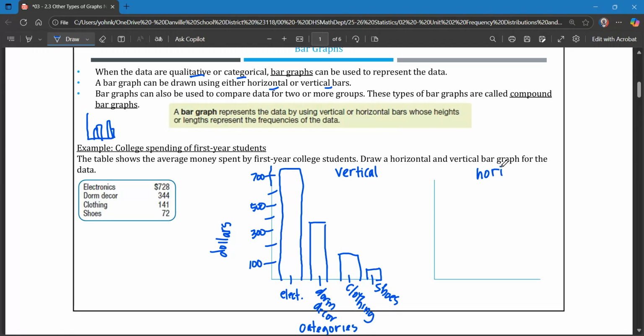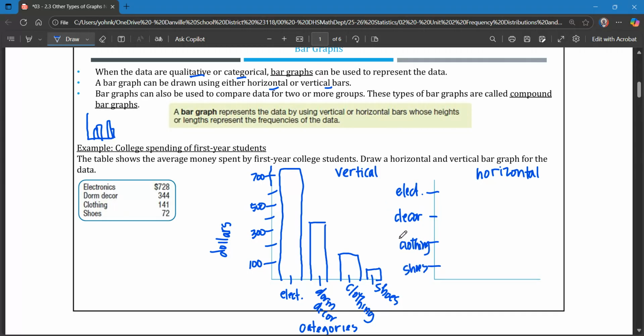Here's a horizontal because the bars are now going to go side to side. Since your bars are going side to side, that means your categories are along the vertical. And it does not matter the order you put them in. So we can do electronics at the top, and then dorm decor below, then clothing, and then shoes.